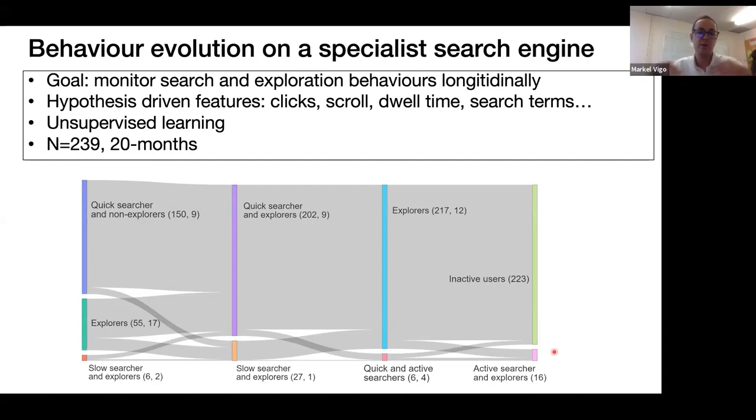Their behavior tends to converge, and you can also capture the changes of individuals in between clusters. You see a tendency towards belonging to the bigger cluster, and that's because the behavior becomes more homogeneous.